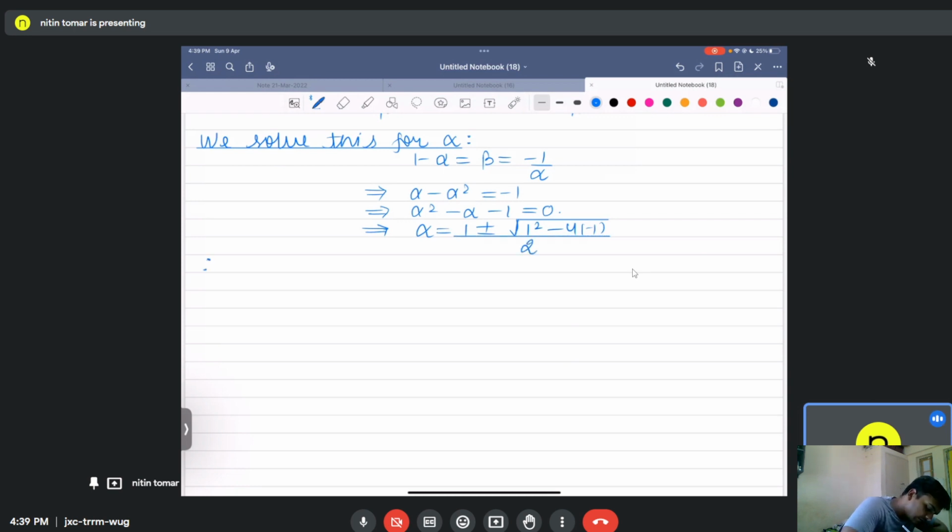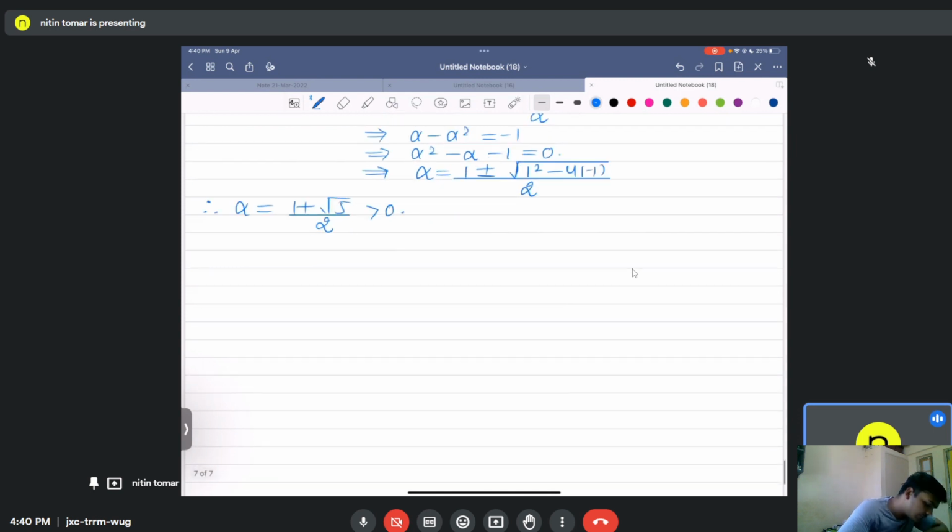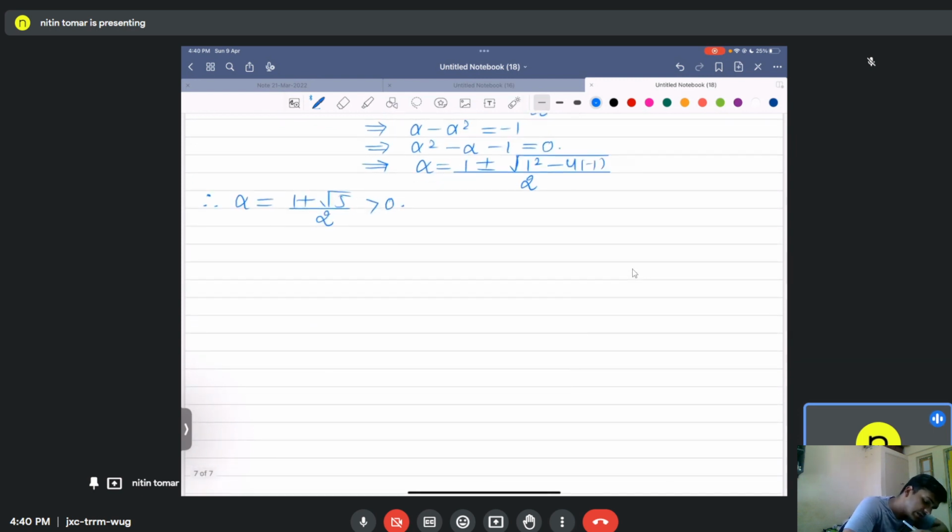Therefore alpha has to be (1 plus root 5) by 2. We choose the positive square root, and this is precisely the candidate for the order of convergence.